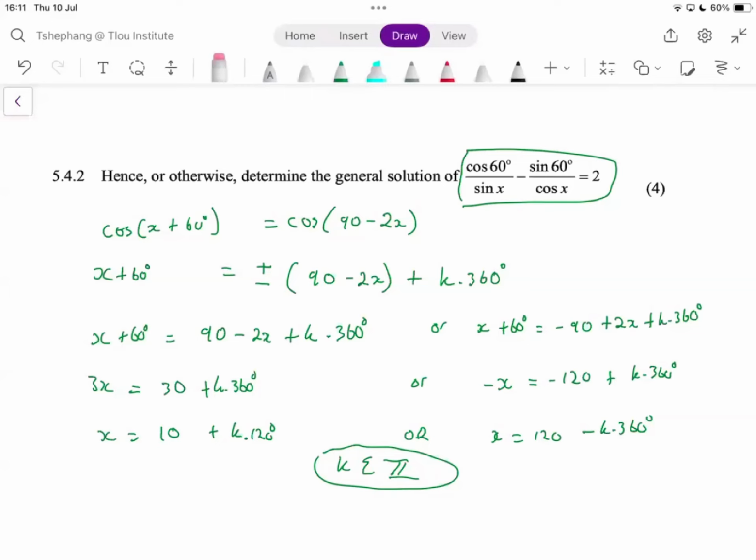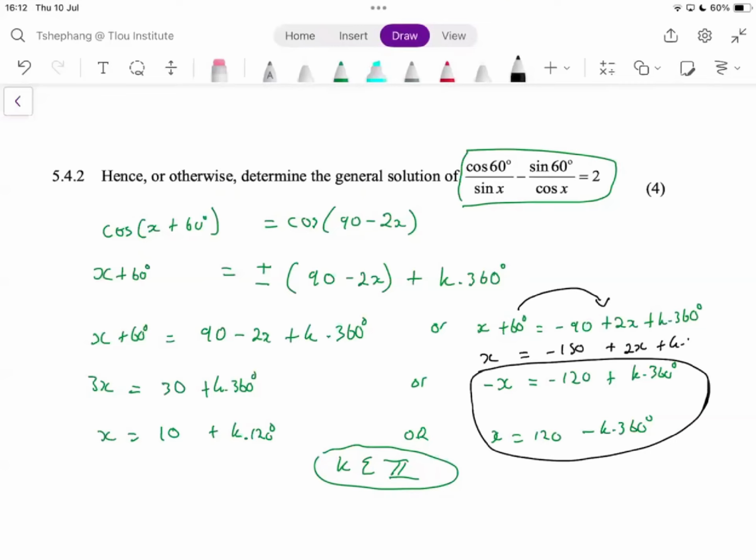Let's quickly correct it. So the mistake is starting here. Let's check what happened. When I take this over to the other side, I'm going to have x equals negative 150 plus 2x plus k 360.